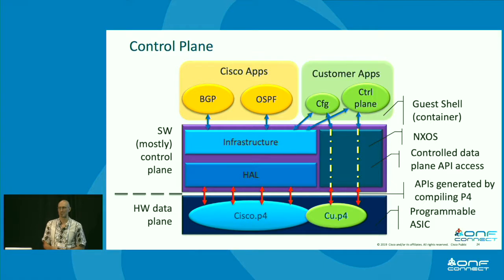Questions? Are there any features implemented by vendors that you think would be really difficult to replicate in P4? Yeah. Is there anything in vendor ASICs, things that are done right now by vendors, that would be difficult to replicate in P4?